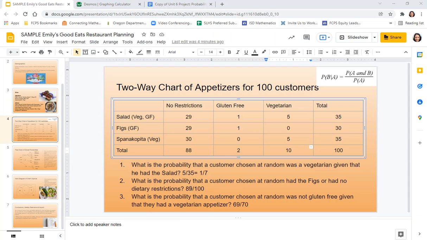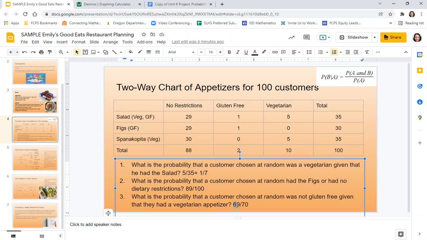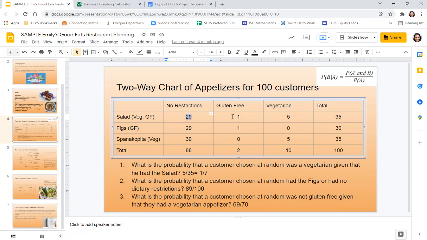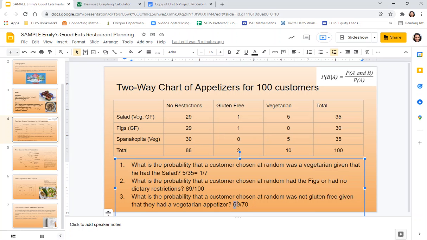All right, so in my numerator, I need the people who were not gluten-free and had a vegetarian appetizer. So that would be 29 plus 5 plus 30 plus 5, which is 69 people who were not gluten-free and had a vegetarian appetizer. Now in the denominator, I need to have all of the people who are the given, which was had a vegetarian appetizer.